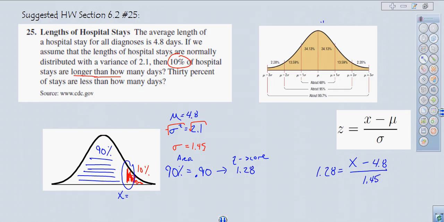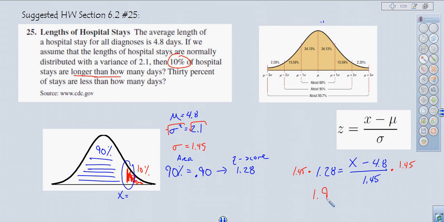So now we've got some good old-fashioned algebra. We've got to take this and use some algebra to solve for x. So we start off, and the inverse of dividing by 1.45 is to multiply by 1.45. If we do it to one side, we've got to do it to the other. So 1.45 times 1.28, I get, we'll just call it 1.9.